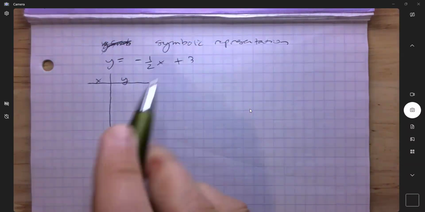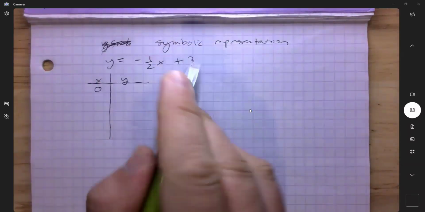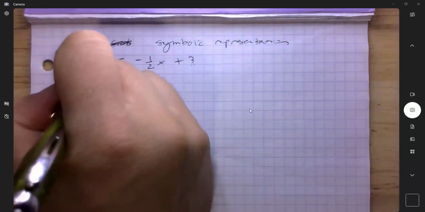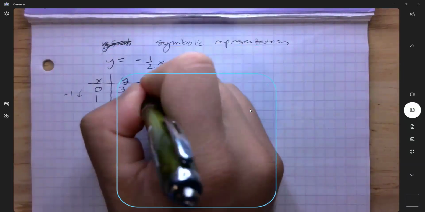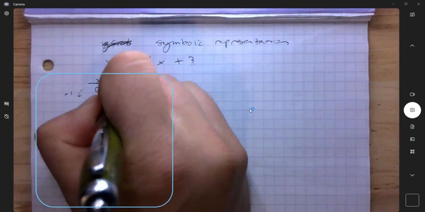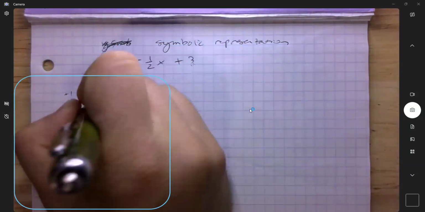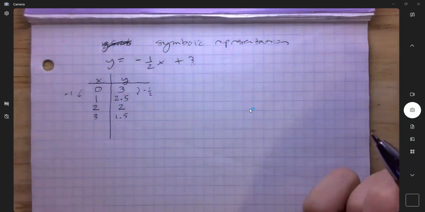Well, if I put x equals 0 in, that should be my y-intercept, 3. And then every time x goes up by 1, y should go down by 0.5. So this should be 2.5, right? It goes down by 0.5. And I can start building my table, etc.